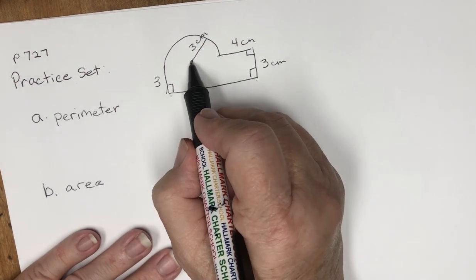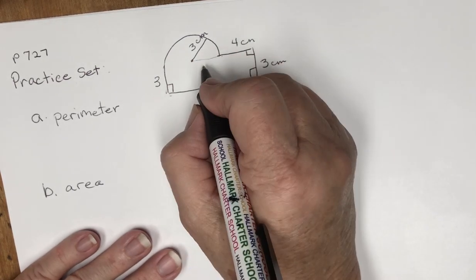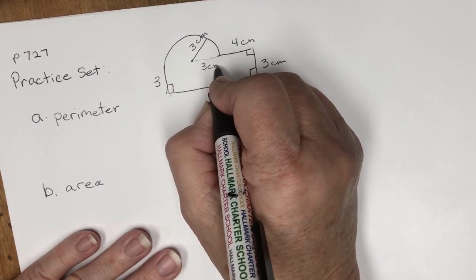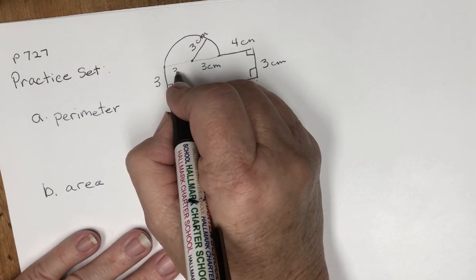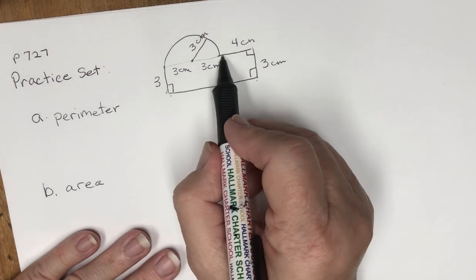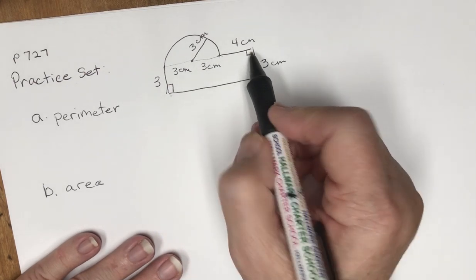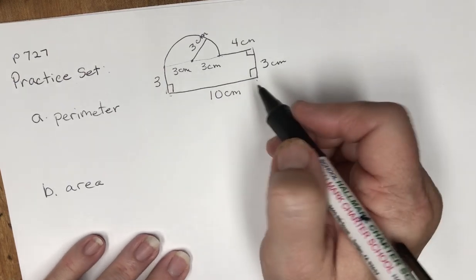And so if you know intuitively what we do, here is also a radius, so that means this portion is 3 centimeters. And here, this is also a radius, so that's going to be 3 centimeters. So now we have 3 plus 3, which is 6, plus 4. That tells us the long side is going to be 10 centimeters.